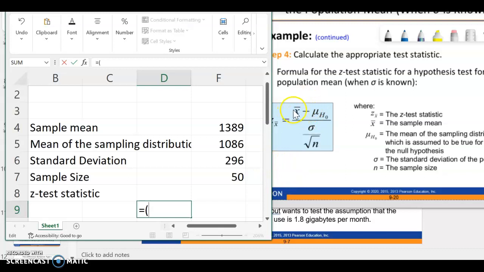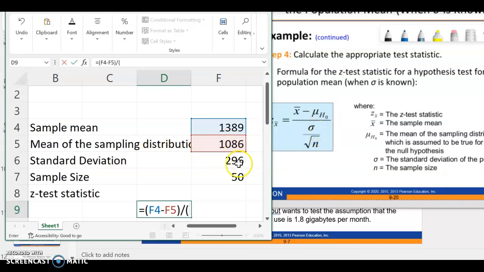X bar, which is your sample mean, 1389 minus your hypothesis mean, which is 1086. Close that.